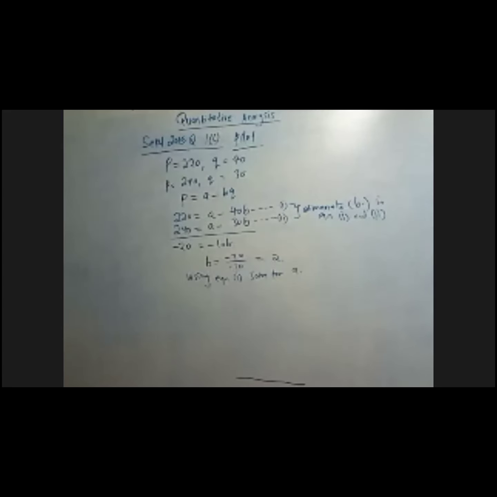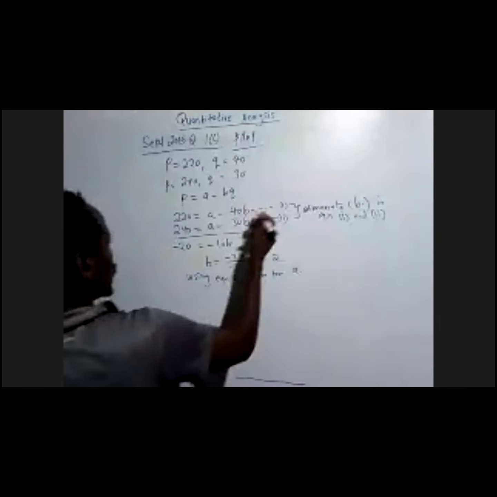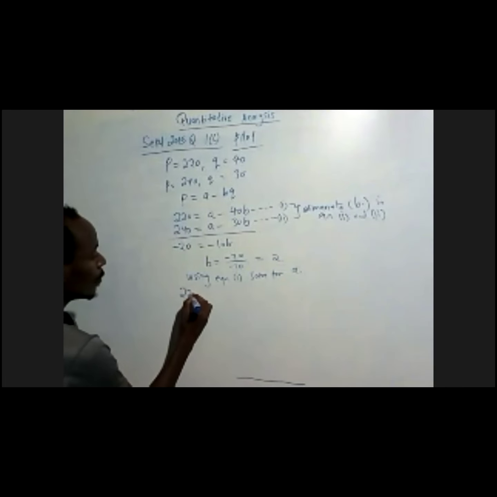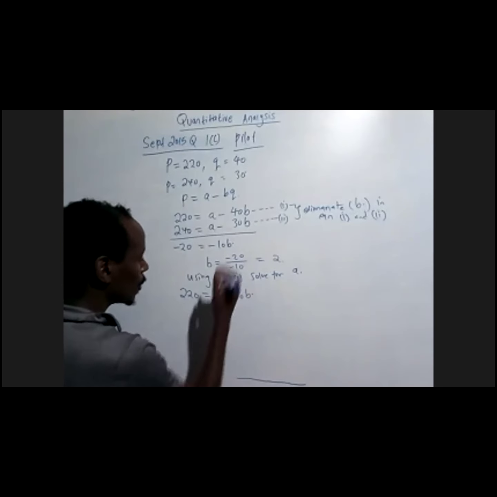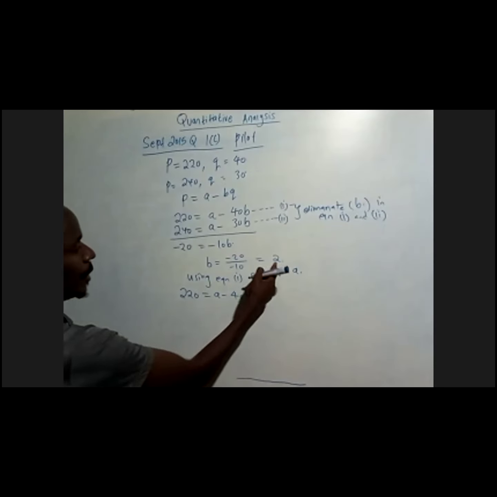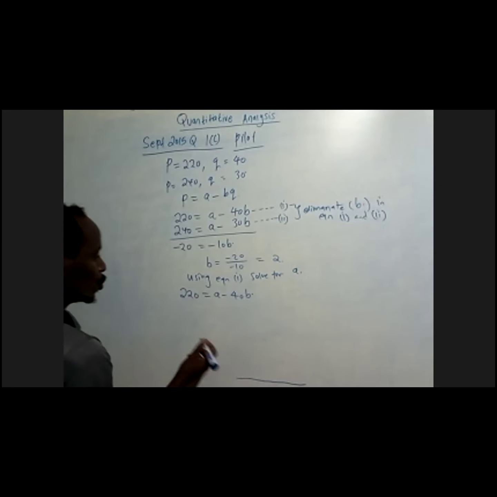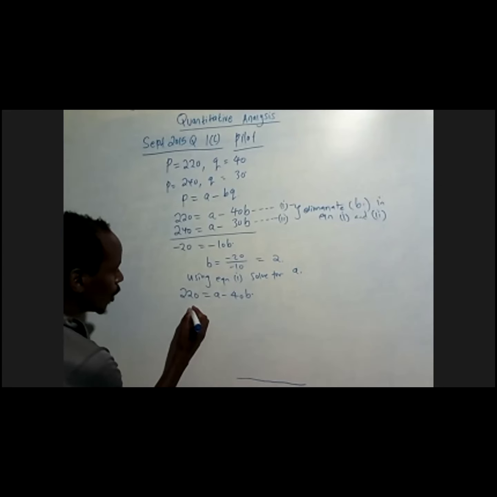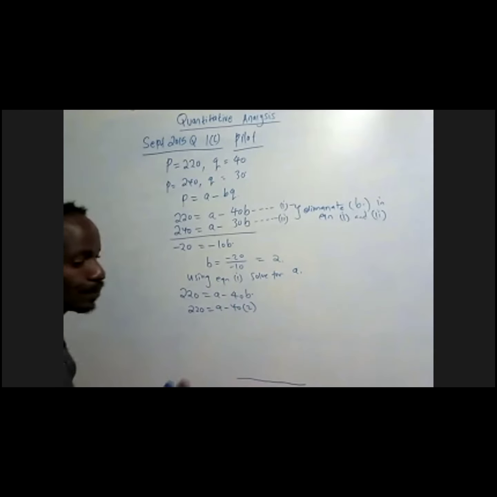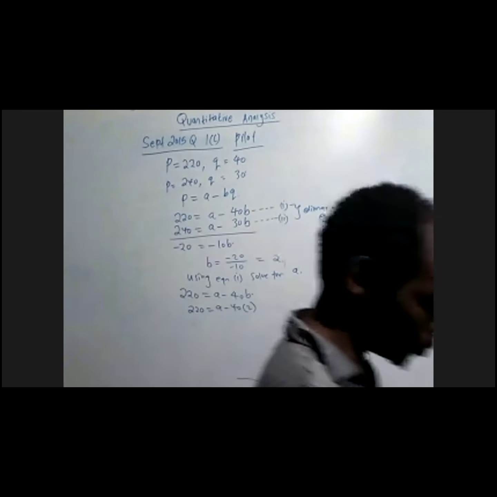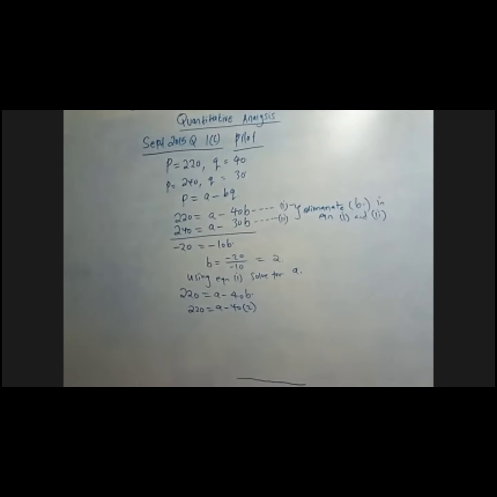Now, when you try to solve for a, equation 1 is 220 equals a minus 40b. But we know our b is 2. So 220 equals a minus 40 times 2. Now find a.